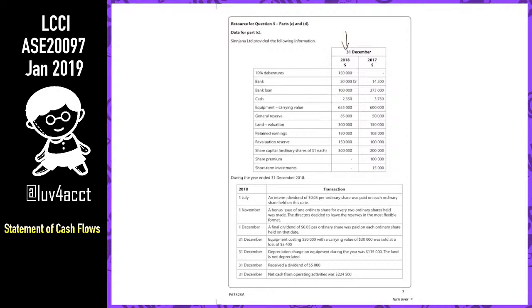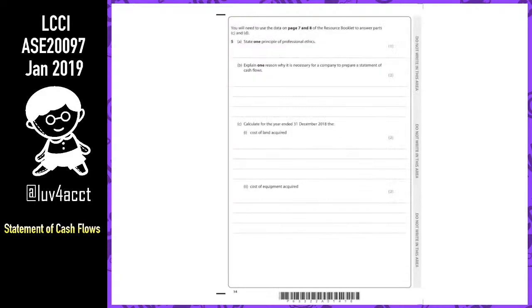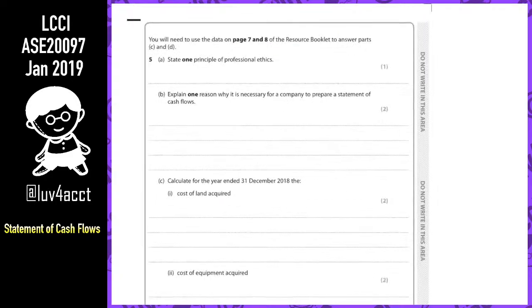Let me see again if we have missed any part. So in part A, state one principle of professional ethics. You have plenty to give. I give this objectivity. Explain one reason why it is necessary for a company to prepare a statement of cash flows.